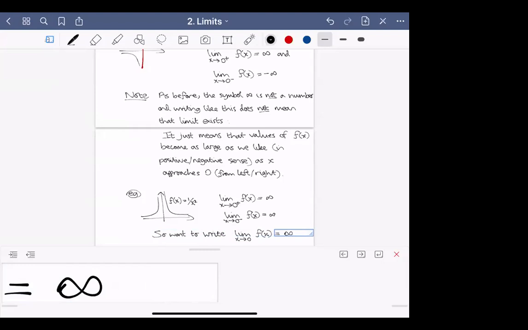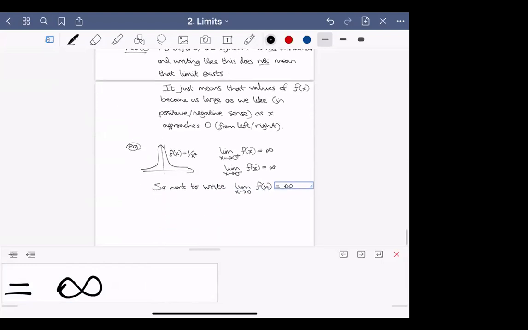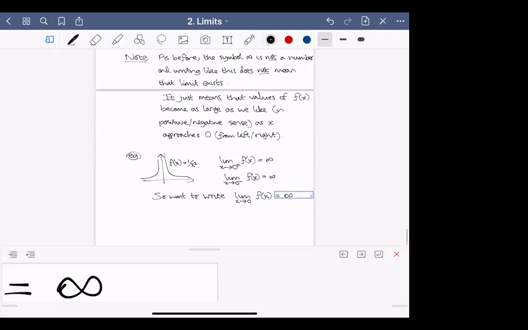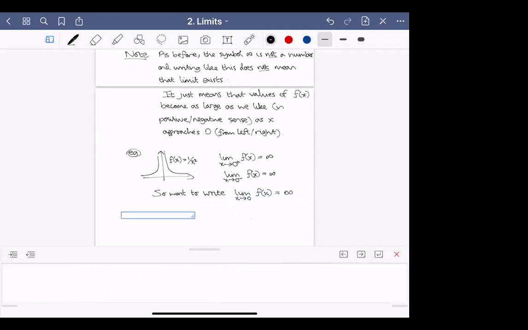Okay, so what's the right definition to give? That's another variation on the limit definition.